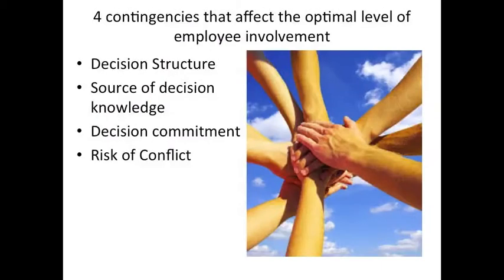So, of course, teamwork makes the dream work, but there are four contingencies that affect the ultimate level of employee involvement, and those are decision structures, source of decision knowledge, decision commitment, and risk of conflict. So, those are some things to keep in mind that kind of work counter to the benefit of employee involvement.